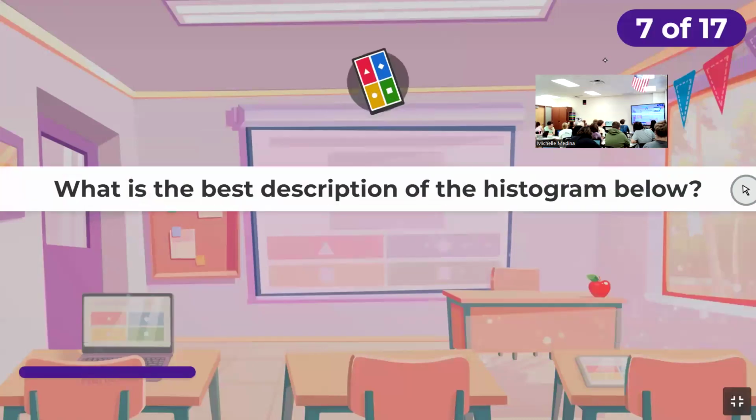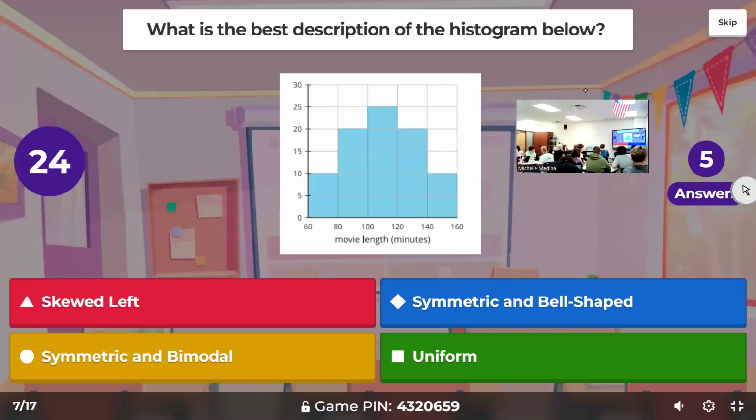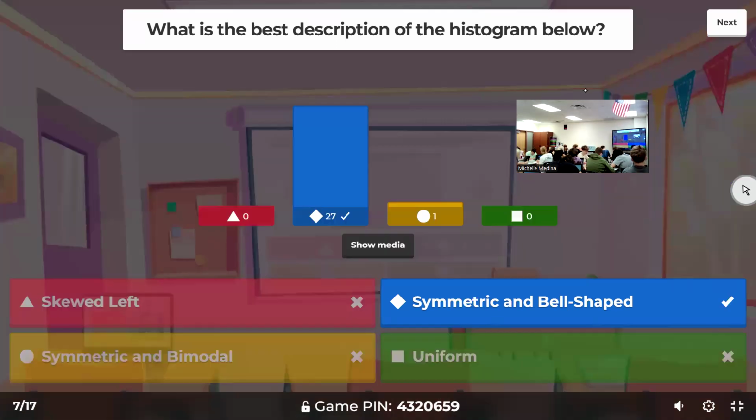All right, what is the best description of the histogram below? Skewed left, symmetric and bell shaped, symmetric and bimodal, or uniform. Okay, so again, almost all got it right.